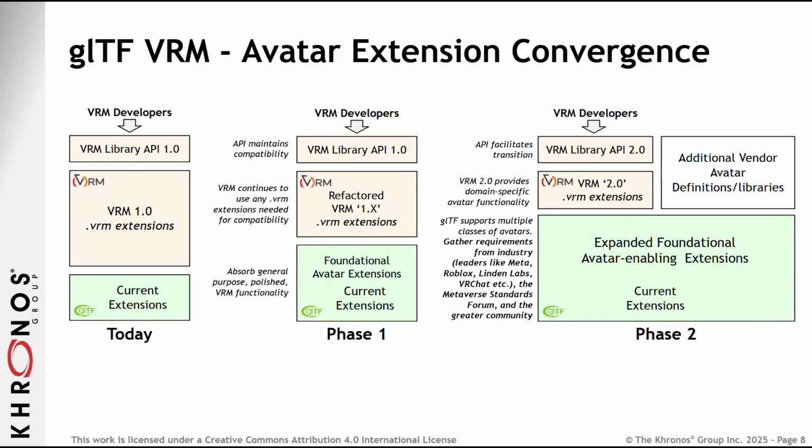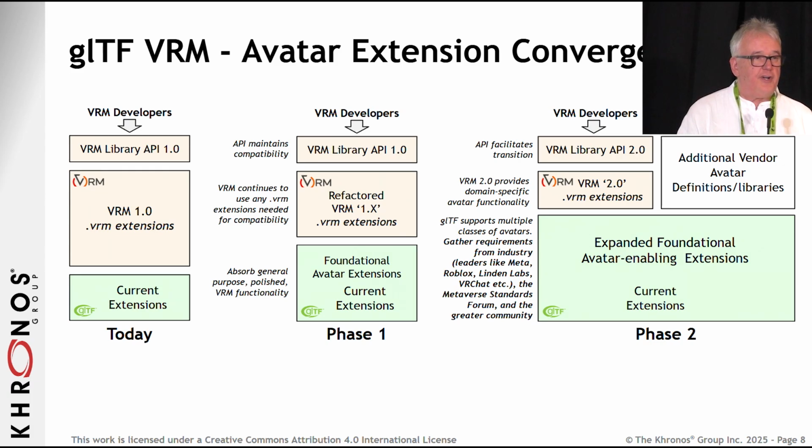We and the VRM Consortium want to build out a foundational model for how we can bring avatars using glTF in a whole range of other domain targets, not just vlogging. Avatars can be anything from a cartoon all the way up to photorealistic, fully human representations. So there are lots of different markets and use cases.